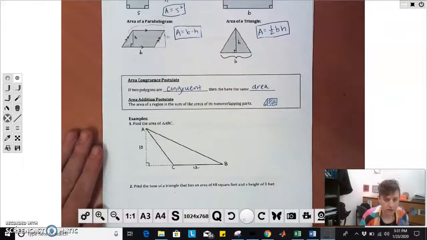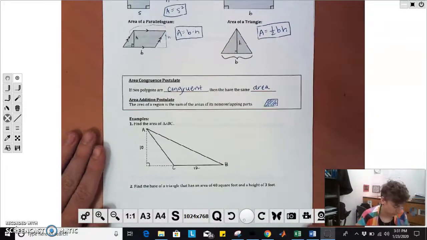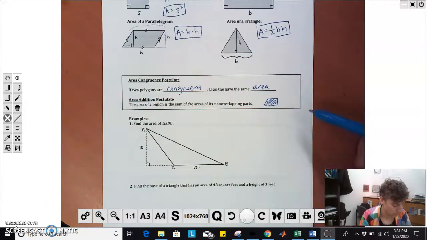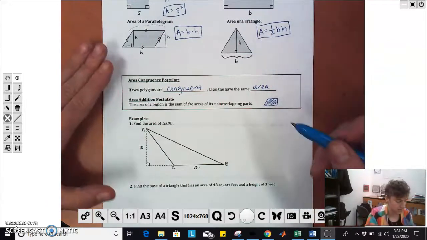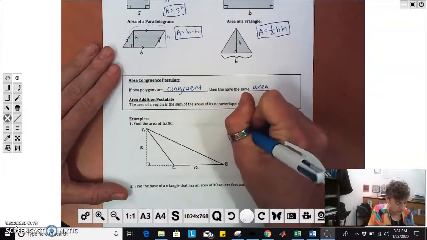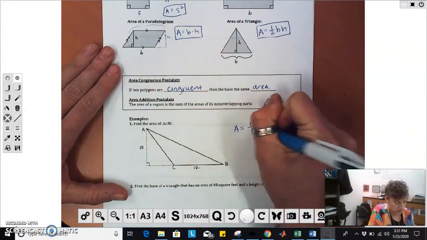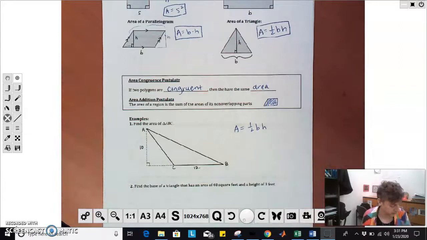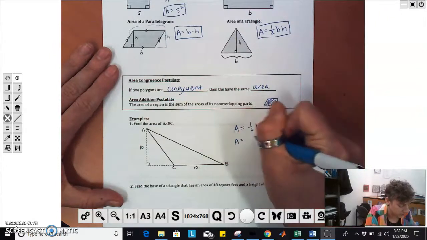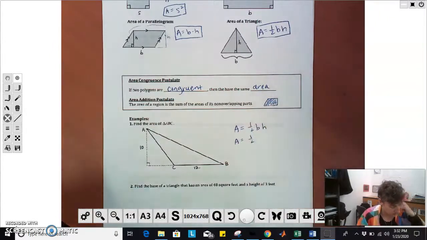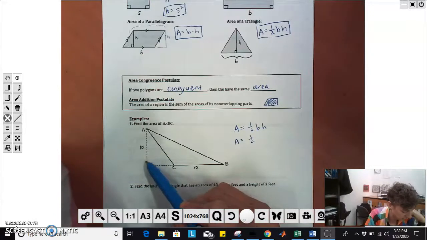Find the area of triangle ABC. Well, we know our area of triangle formula is 1/2 the base times the height. 1/2 BH. What are our base and height in this problem? I see a right angle here.